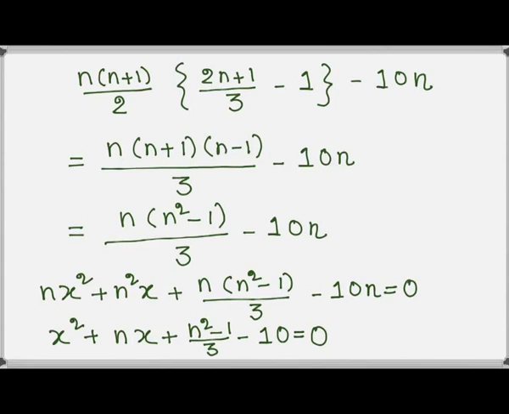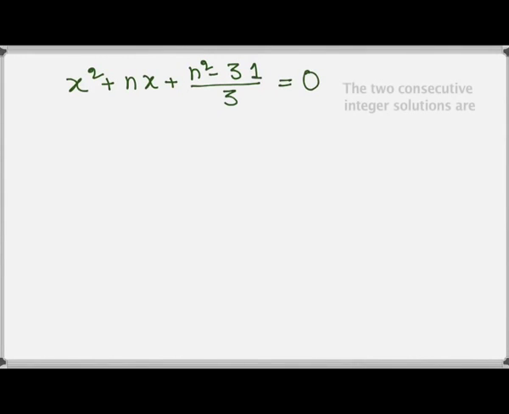So our quadratic equation is x square plus nx plus n square minus 31 divided by 3 is equal to 0. We have that this equation is having two consecutive integer solutions. Let's say m and m plus 1.